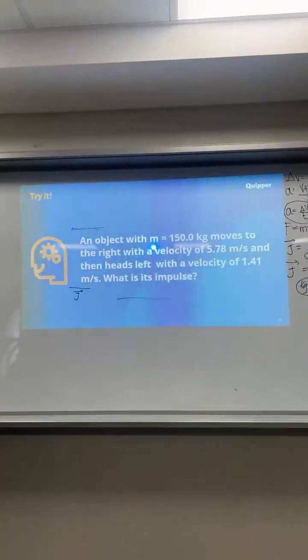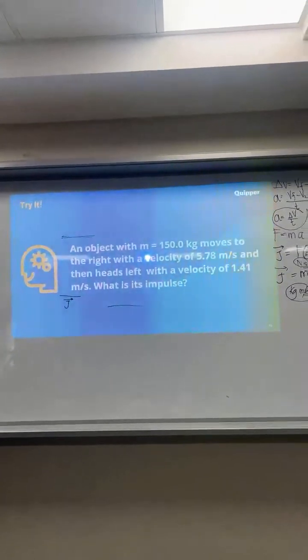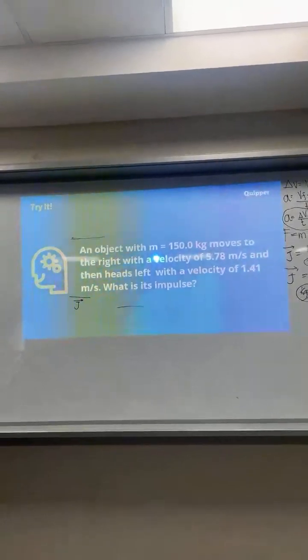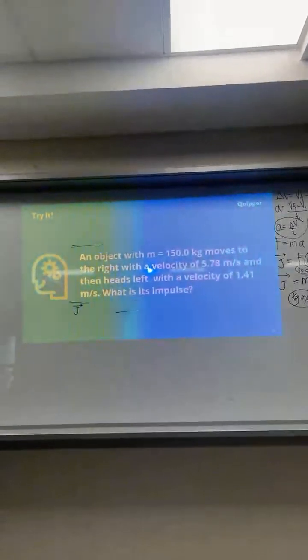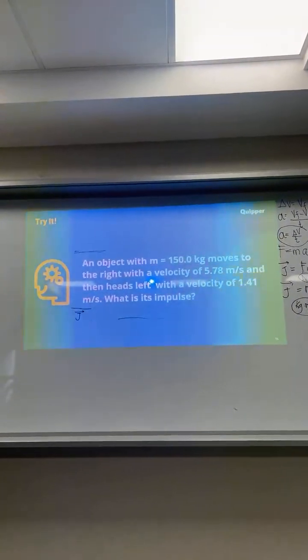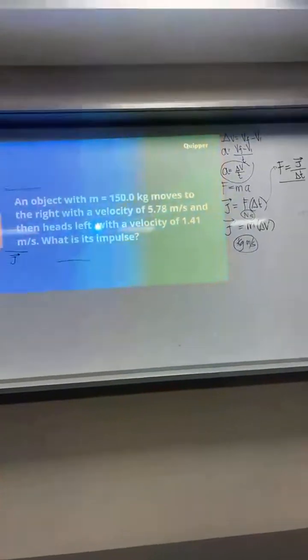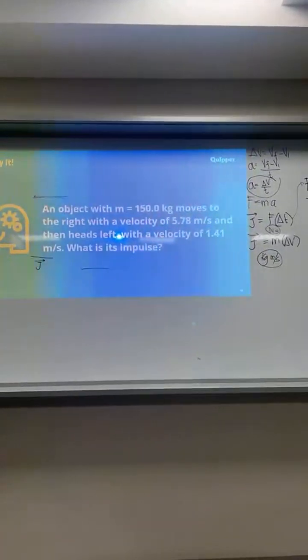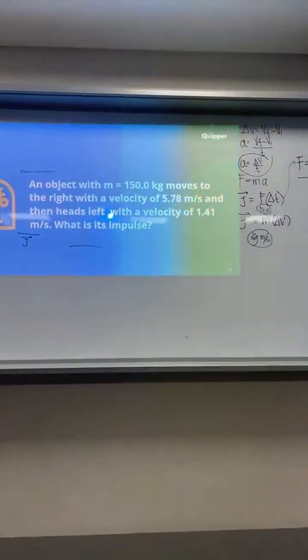Wala kang choice, Juliana. Negative 1.41. Minus 5.78.